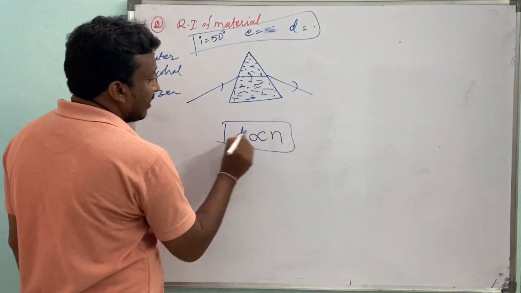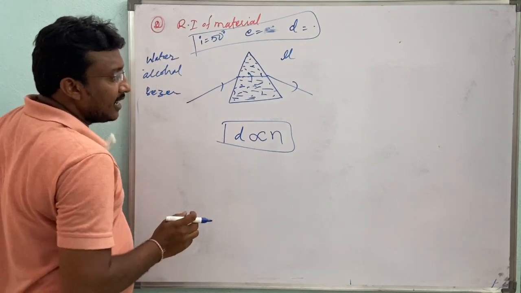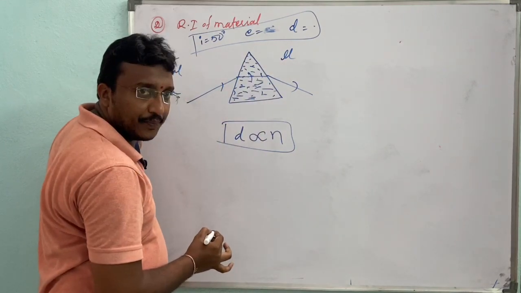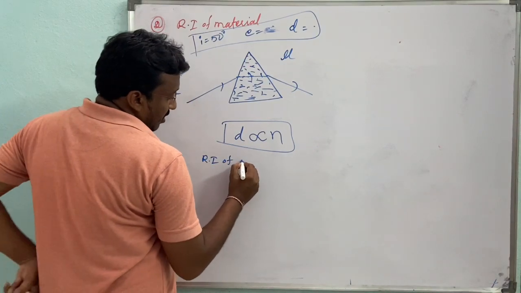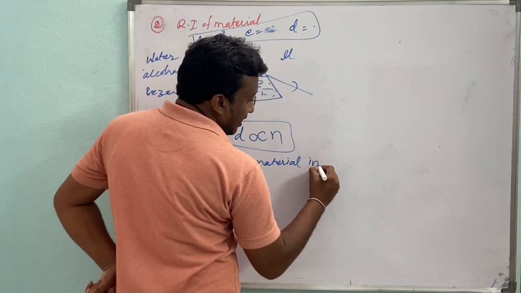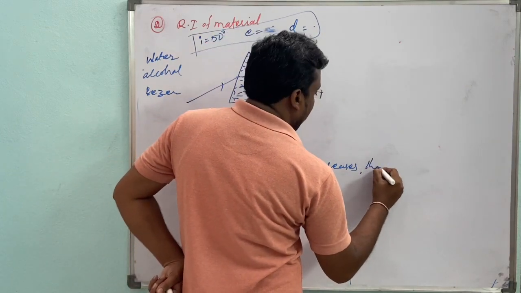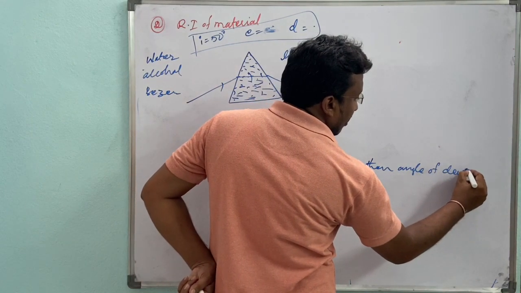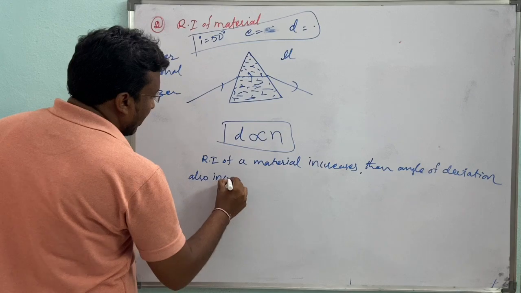The refractive index we designate with n or mu, whatever it may be. The angle of deviation is directly proportional to it. That means if the refractive index of a material increases, then the angle of deviation also increases.